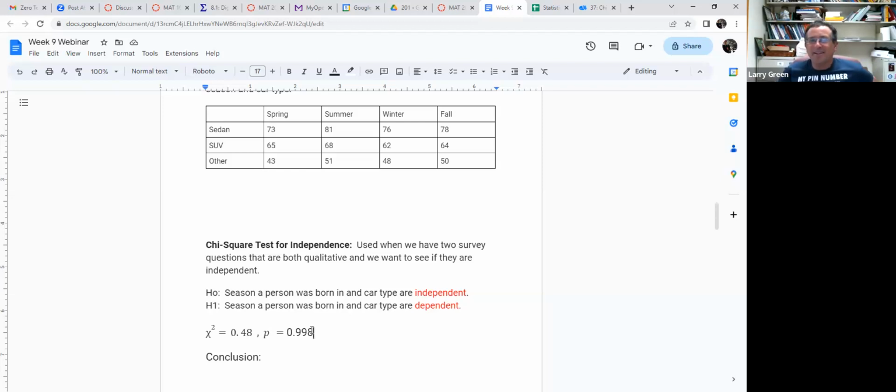How does it start? Our conclusion. What are the first few words? Yeah, statistically insignificant. This p-value is bigger than any level of significance you can even imagine using.